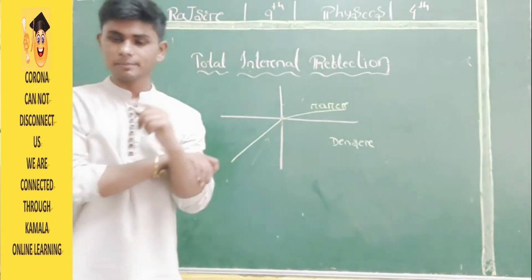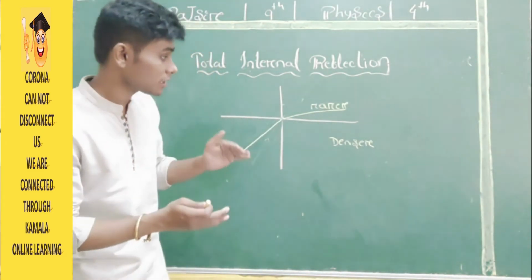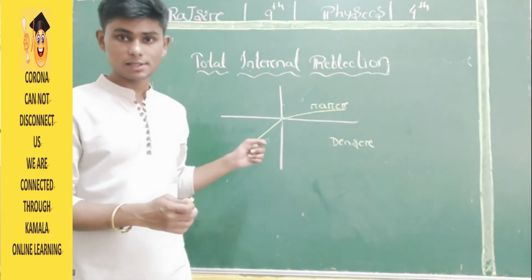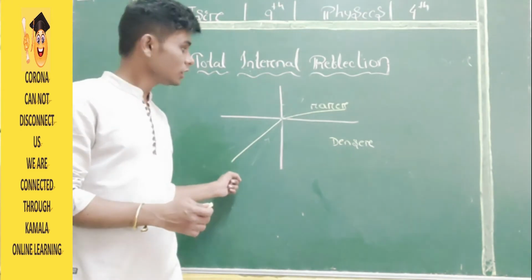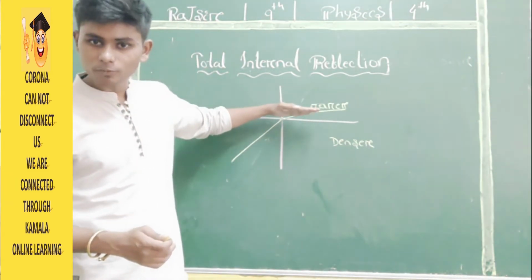First, please remember your previous classes. There I have already explained that when the ray of light is going from the rarer medium to the denser medium, the light will come towards the normal. But if it is going from the denser medium to the rarer medium, the light will go away from the normal.